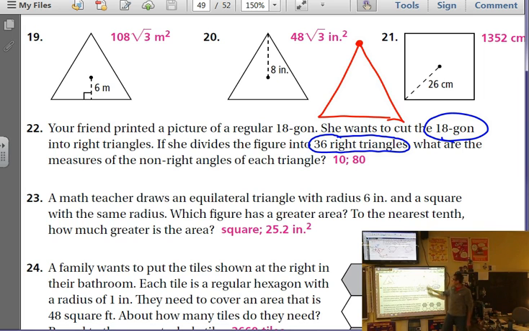Yeah. The whole angle around is 360. So if I divide it by my 18 slices, I get 20. You with me to there? Yes. Then I can drop an altitude, and because I knew this angle was 20, it now has to be 10. The altitude has to be perpendicular.